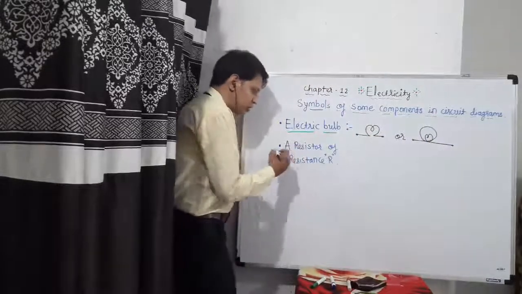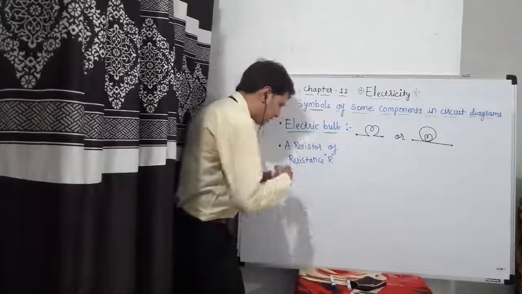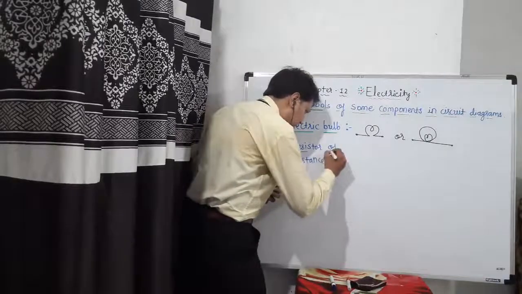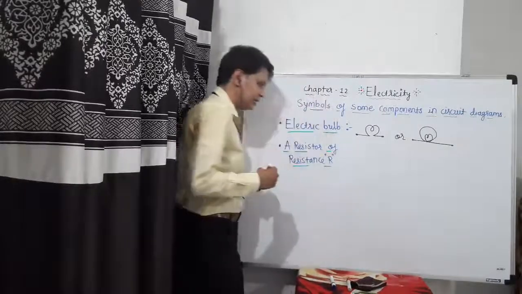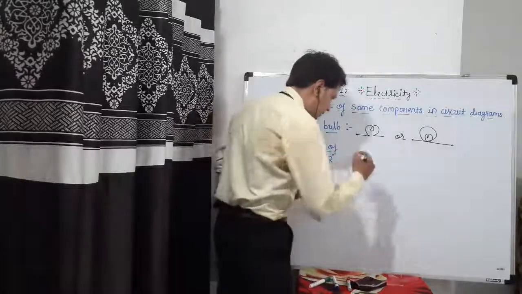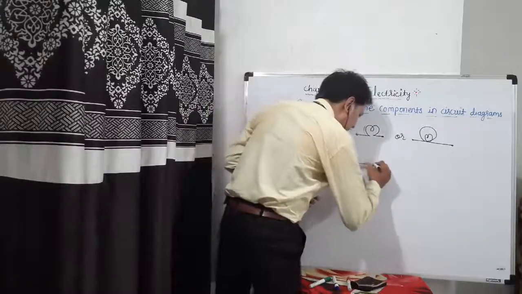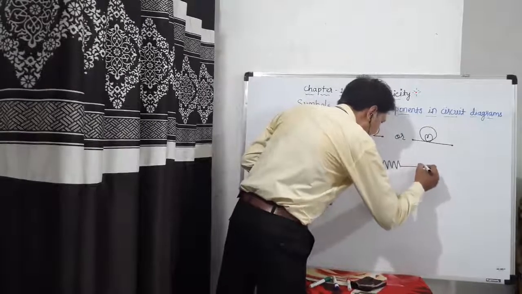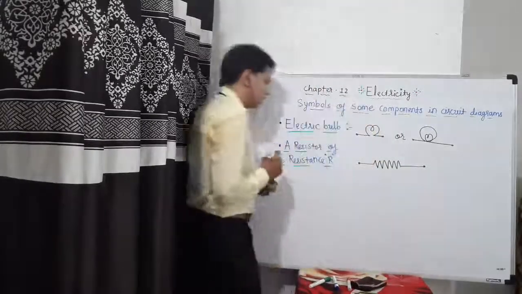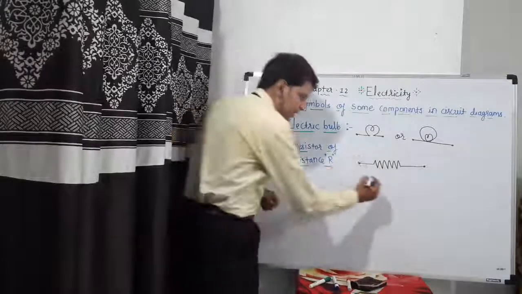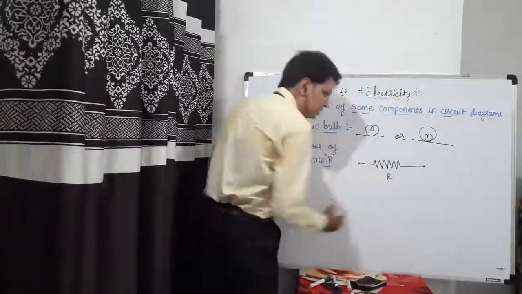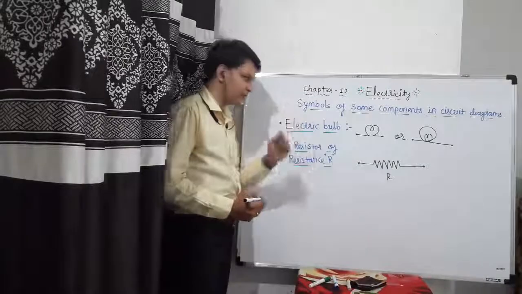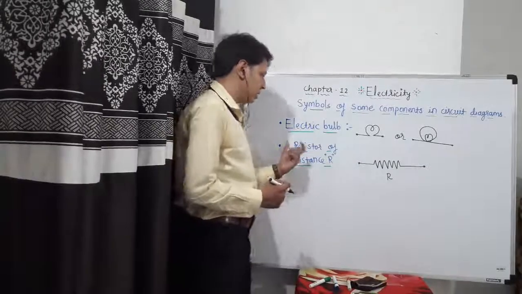Now a resistor of resistance R, let us say a zigzag diagram is a resistor having the value of its resistance R. So this is the diagram of a resistor.